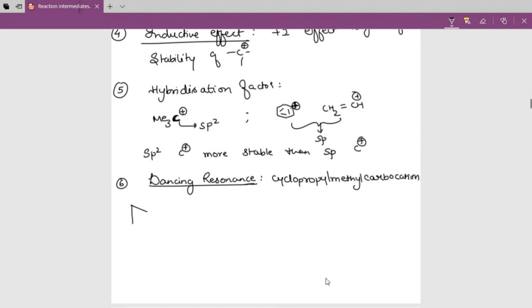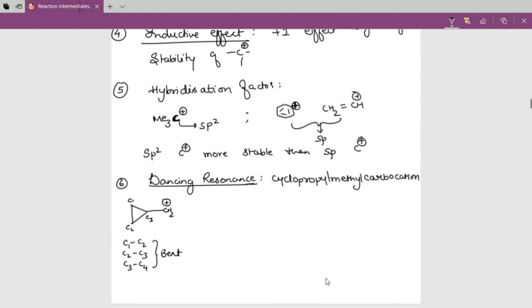So what is there in cyclopropyl methyl carbocation? If I write CH2+ here, these bonds, let me say C1, C2, C3, C4: C1-C2, C2-C3, C3-C4 are bent bonds.